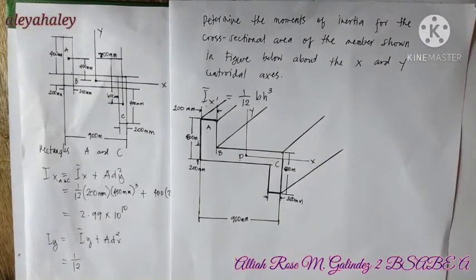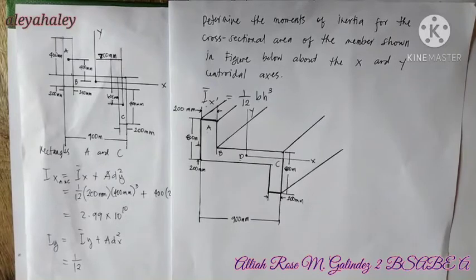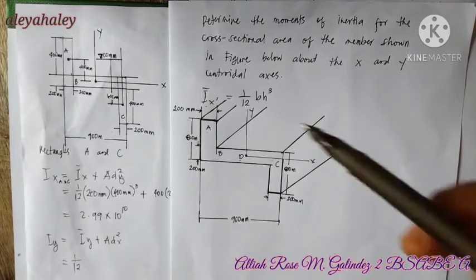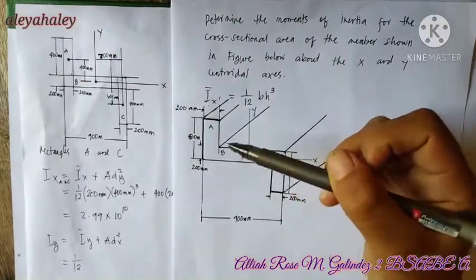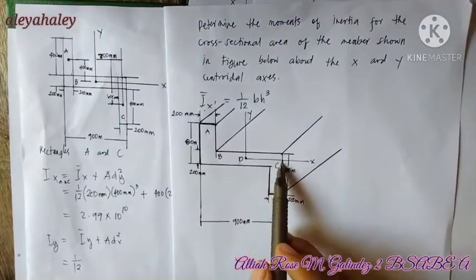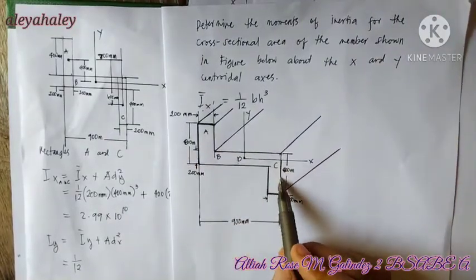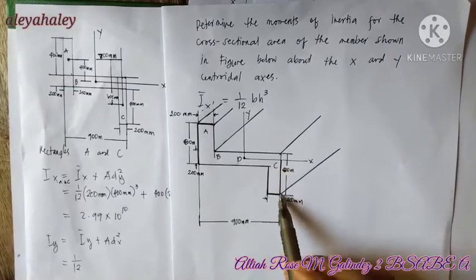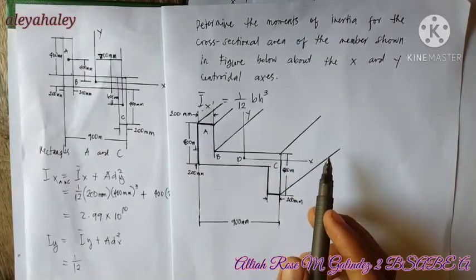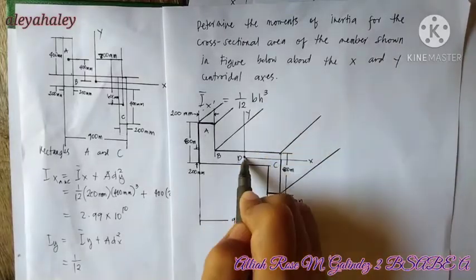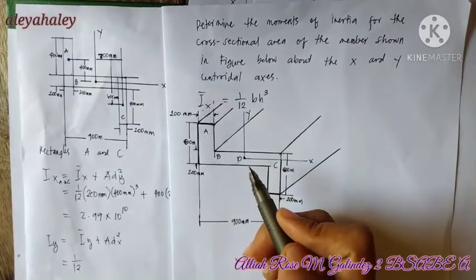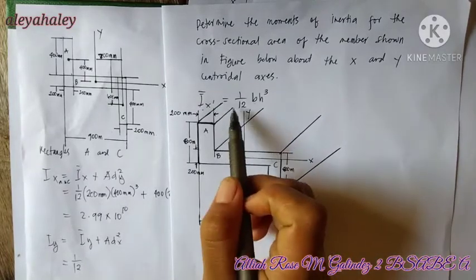So next, we have this problem. Determine the moments of inertia for the cross-sectional area of the member shown in the figure below about the x and y centroidal axis. The section can be divided into three rectangular areas. We have this A, this B, and this C, and the centroid is located here, D. The moment of inertia about its centroid axis is this one.